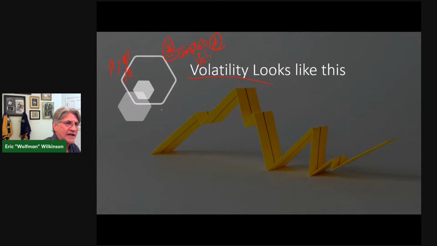And volatility looks like this. It is more of a horizontal rather than vertical type of move. I talked about it earlier. Bullish and bearish moves are sometimes harder to see those support and resistance lines. It's going to usually take a little bit more of a trained eye to draw those in there.